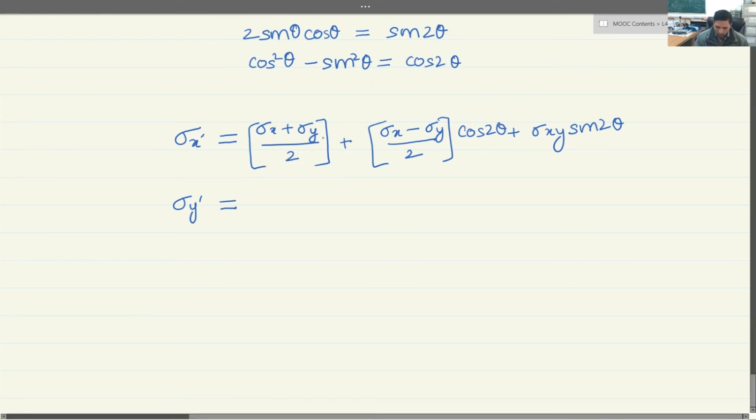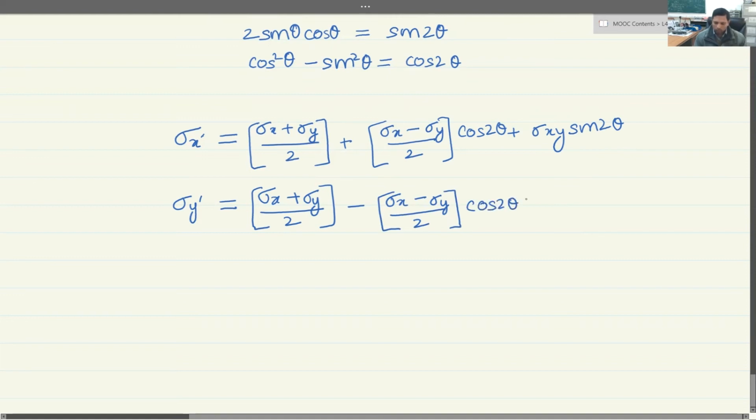So the first term does not have any theta, so it remains the same, sigma x plus sigma y by 2 minus sigma x minus sigma y by 2 cos 2 theta. So as you can see, when theta is rotated by 90 degrees, it becomes 180 degrees. So it is still cos 2 theta, but there is a minus sign.